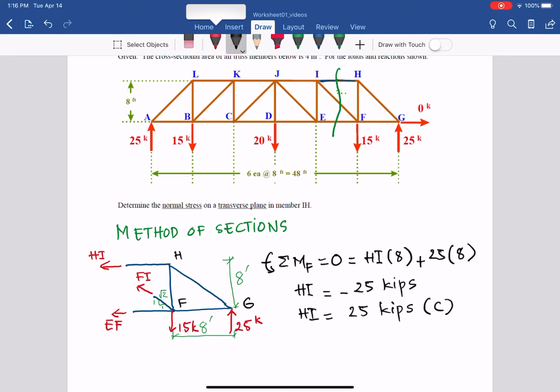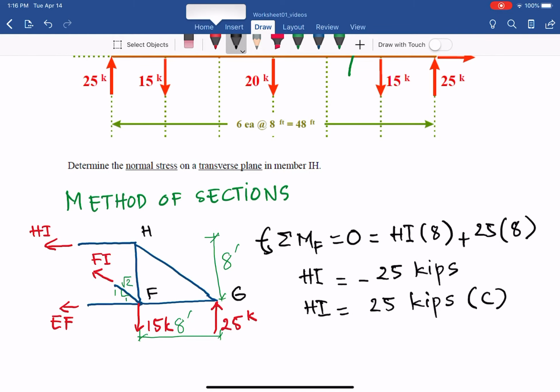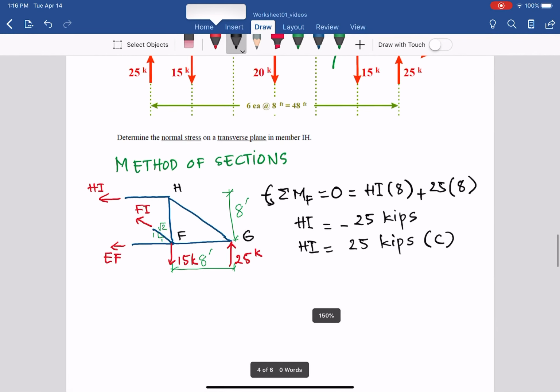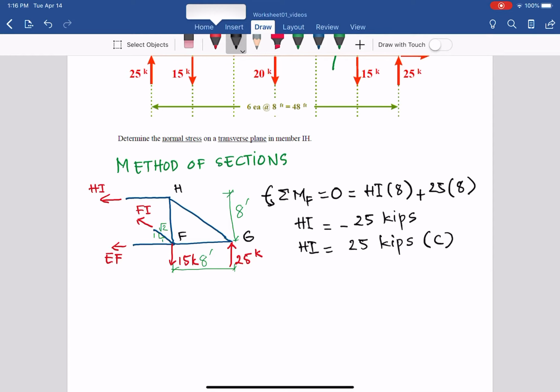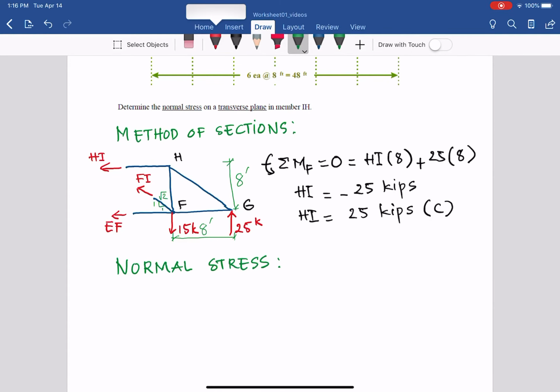Now the question asks: what is the normal stress on a transverse plane on member HI? As you can see, transverse plane. For that we can go ahead and find the normal stress. Transverse means it's perpendicular to the longitudinal axis.